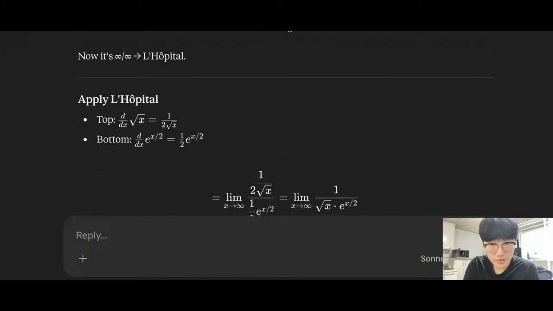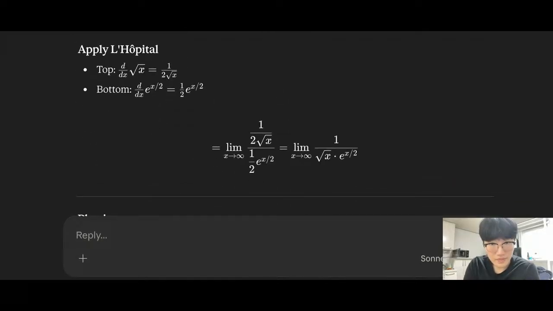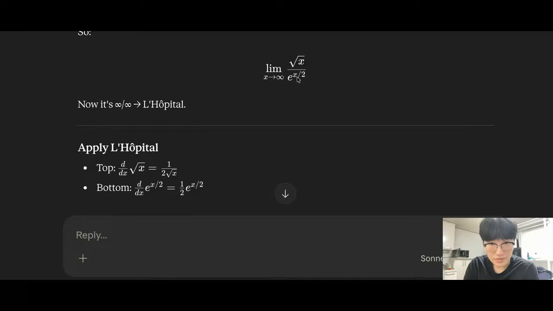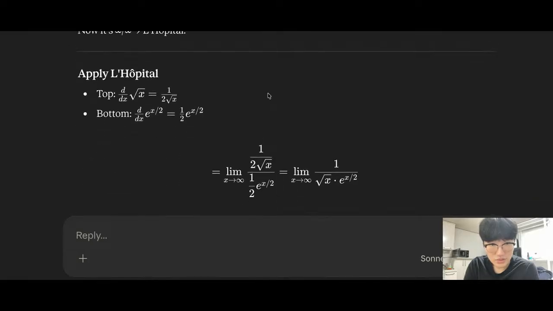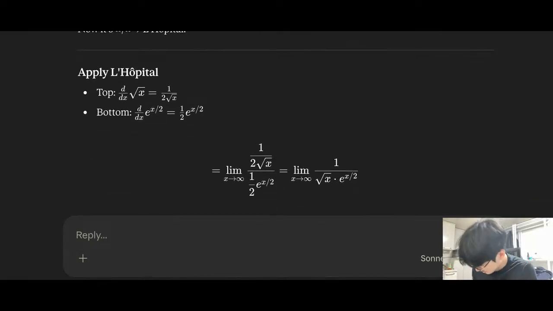And the problem here is... just create one. Okay, just create one for yourself. It's over 2, which is, you multiply them together.